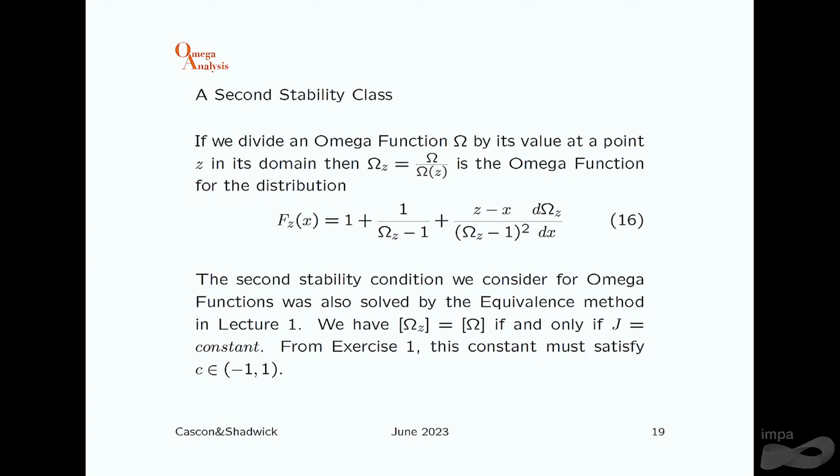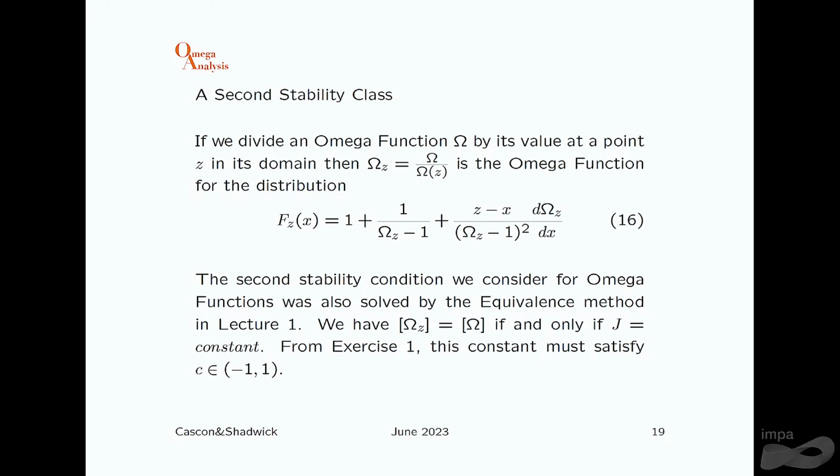And this, we simply divide the omega function by its value at z. That's going to move the mean, right? Because the new omega at z is going to be 1 at z. It's stationary if we use z equal to the mean, nothing happens.